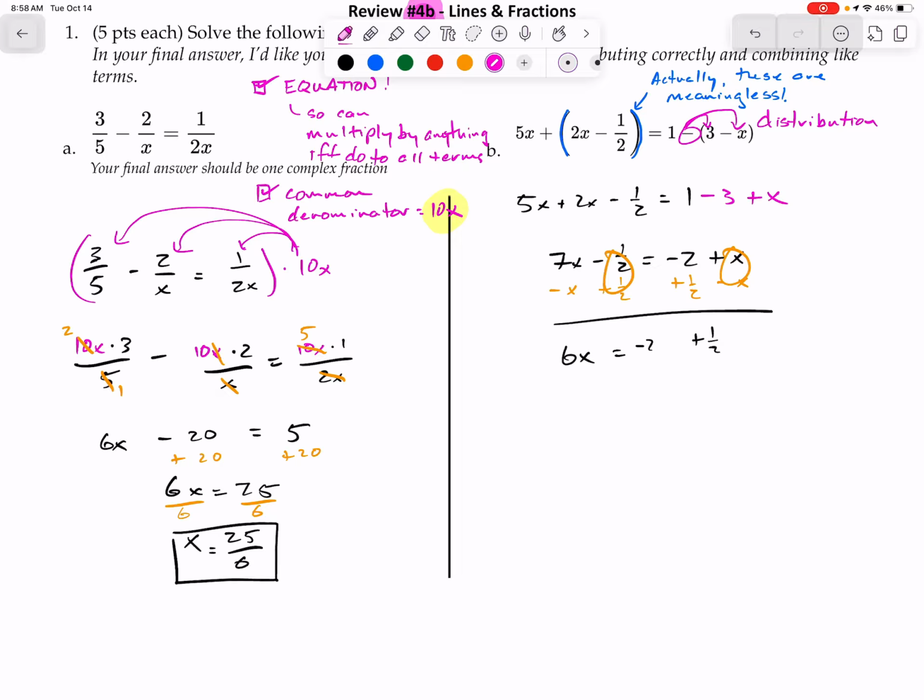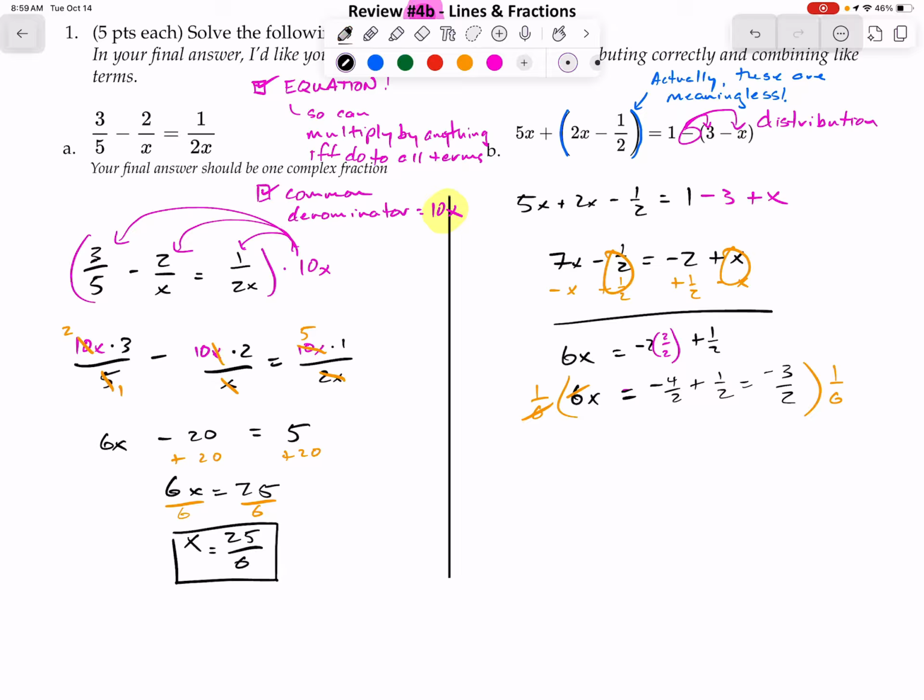So I want a common denominator here, so I'm going to multiply it by 2 over 2. So that equals negative 4 over 2 plus 1 over 2, which is negative 3 over 2. That's 6x. So I'm going to multiply both sides by 1/6 so that these go away.